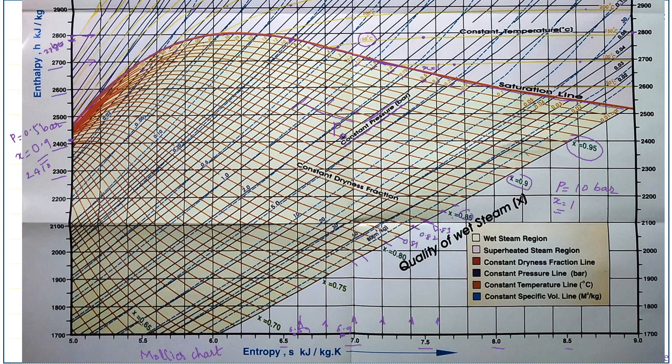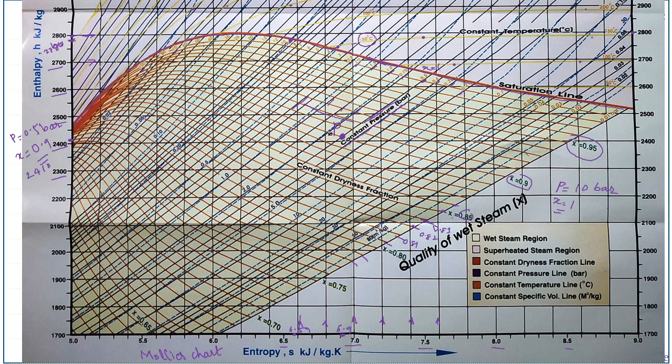What is the condition at point P? Pressure is 0.5 bar, dryness fraction is 0.9. So two things we obtained. Already the dryness fraction was known. Now we can find out the specific volume of steam. Specific volume of steam lies between these two dotted lines. So here this dotted line represents specific volume as 5.0 and this line represents specific volume as 2.0.